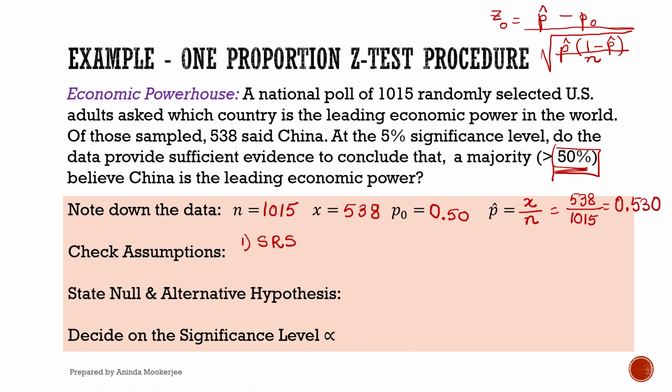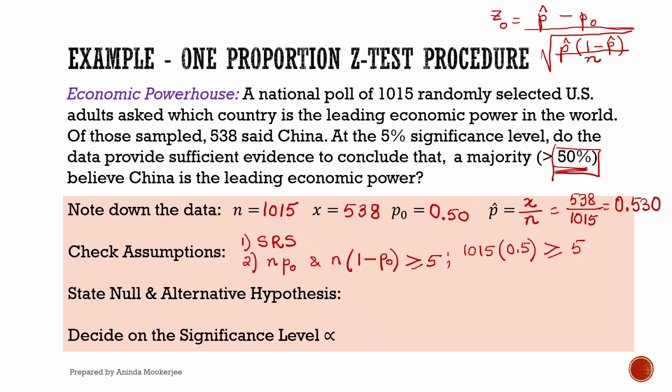The second condition was that n times p sub 0 and n times 1 minus p sub 0 both should be greater or equal to 5. So n is 1015 times 0.5, which is of course greater or equal to 5.